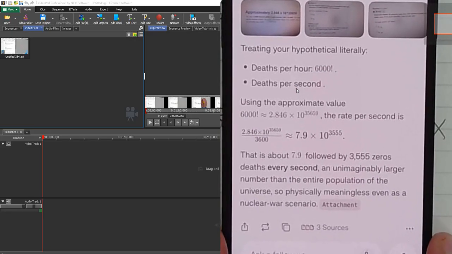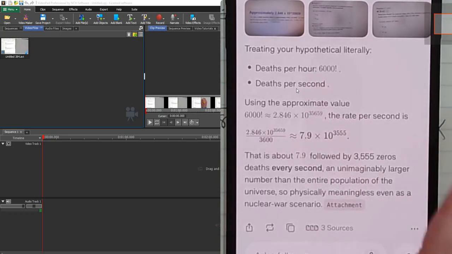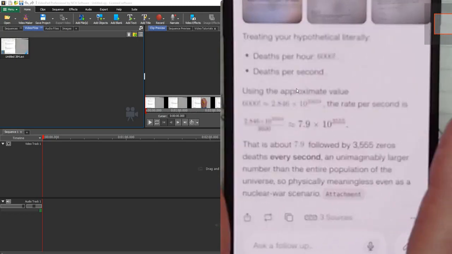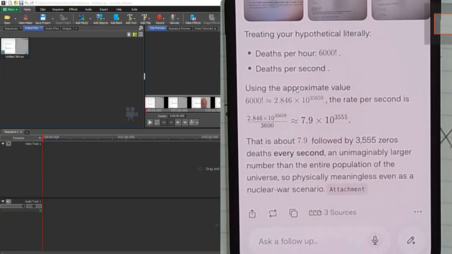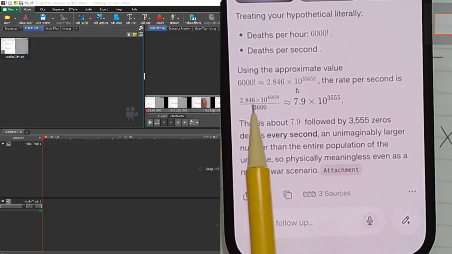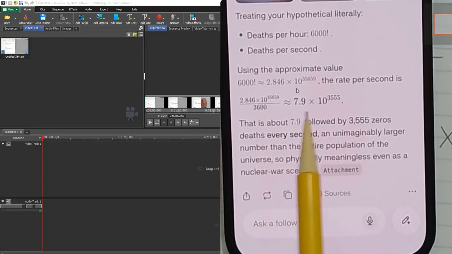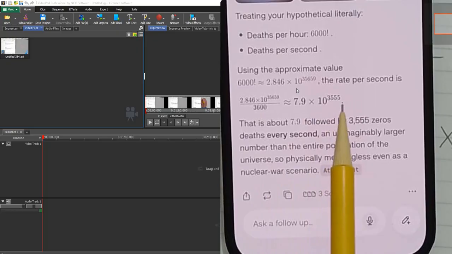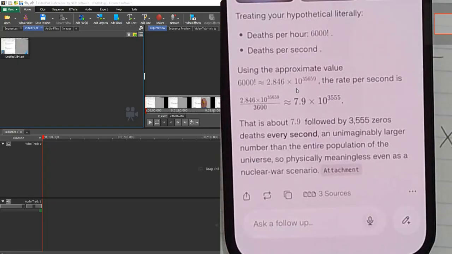Okay, so I was like, hey, I'll make some more calculations, but I was starting to get lazy. So I'm like, okay, if we're getting 6,000 factorial deaths per hour, how many deaths is that per second? So here we go. We take the number of 6,000 factorial right here, the huge number, and it comes out to be approximately 7.9 times 10 to the 3,555.